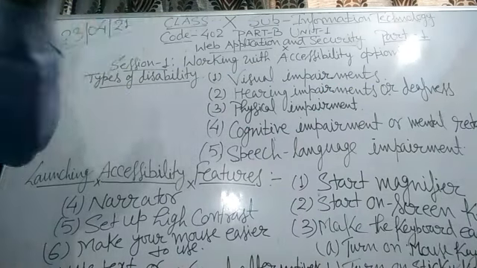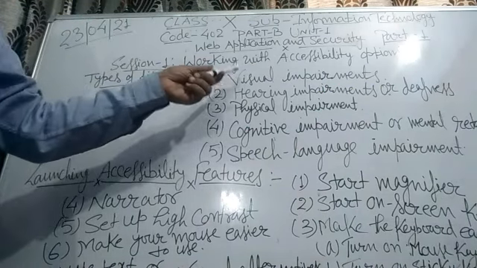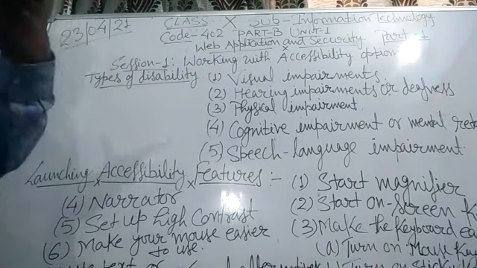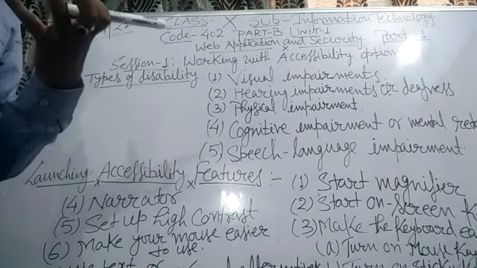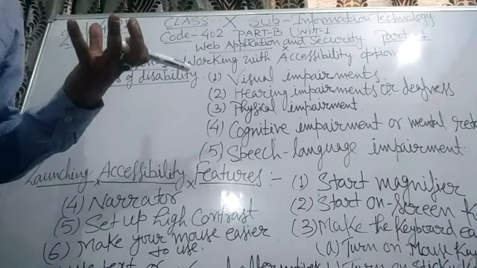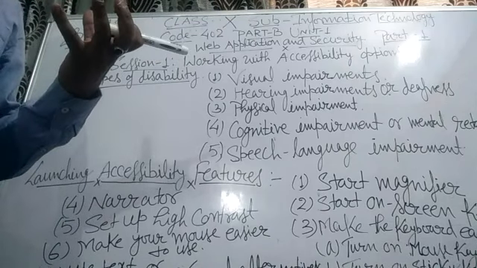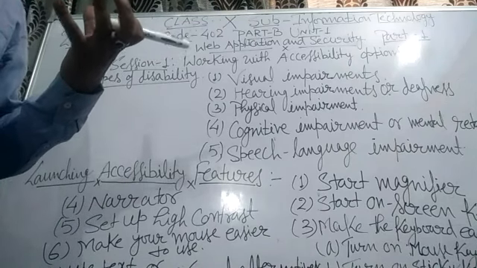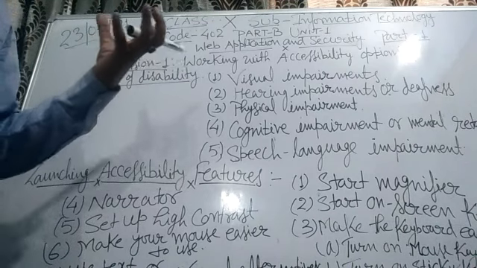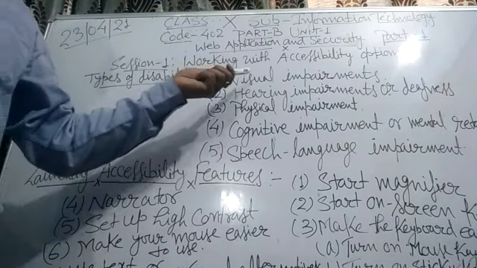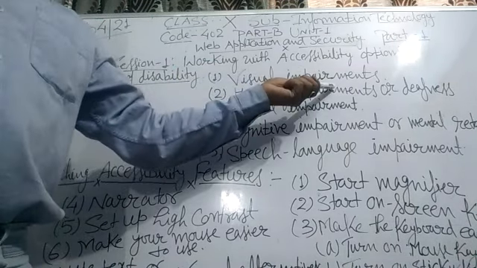First is visual impairment. What do you mean by visual impairment? It means a person, student or child having low vision or partial sight, blindness or color blindness. Such persons come under the visual impairment category.